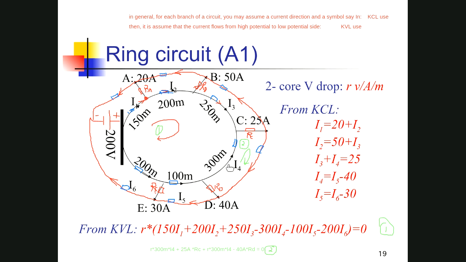Then looking at the voltage drops, the voltage drop to A is smaller, and the voltage drop to B is smaller than the voltage drop to C. Because the voltage drop to A is 100 meters times I, and the voltage drop to C comes from this side as well, the voltage drop at load C is the maximum value.